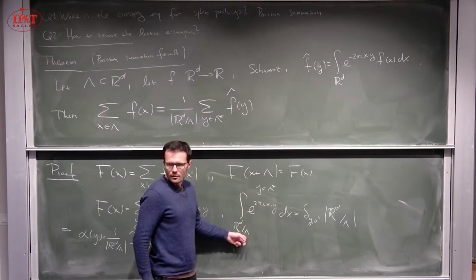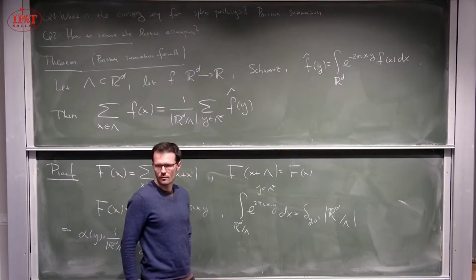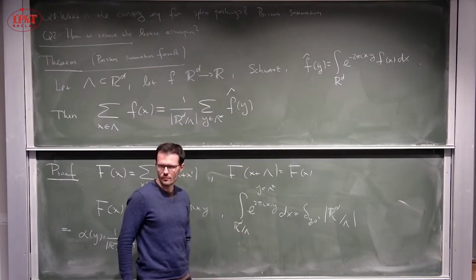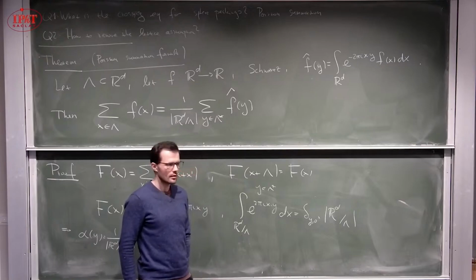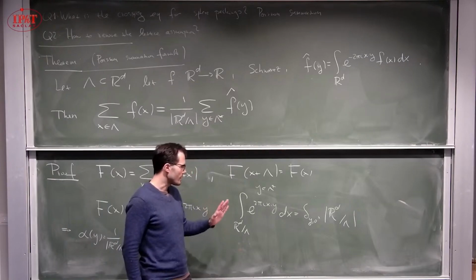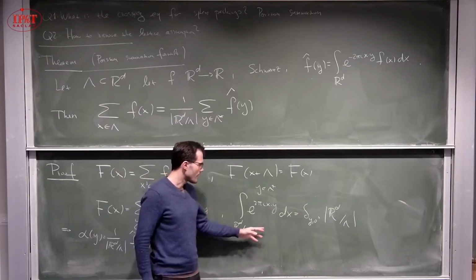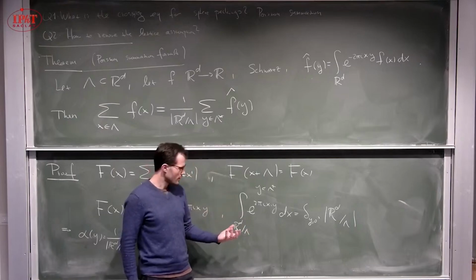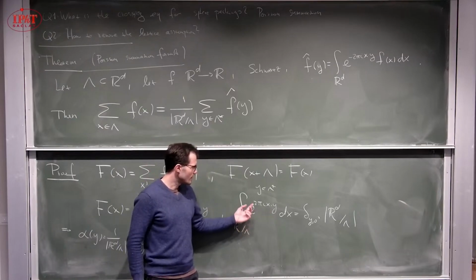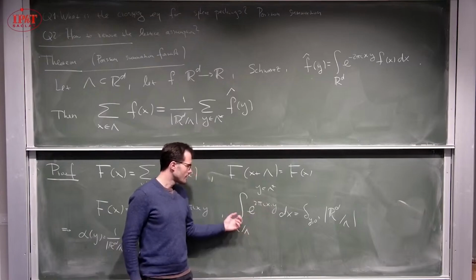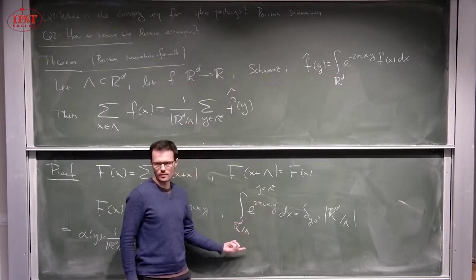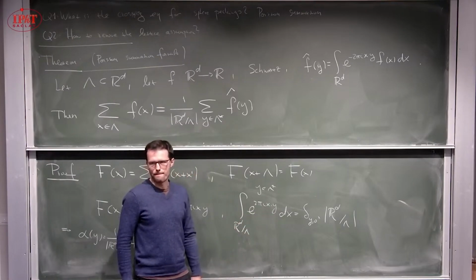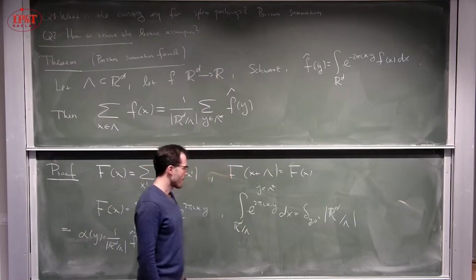X is not in the lattice; X is a point in R^d, and y is in the dual lattice. This period is lambda, so this integral is well defined. So you integrate on some other domain, and you get this.